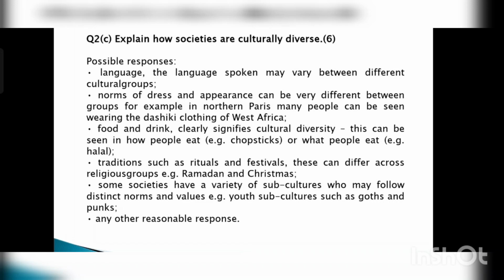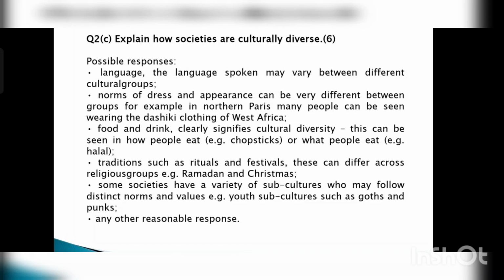Okay? Whereas if you see the Eastern tradition, the girls are expected to wear shalwar kameez and dupatta, whereas if you see the burger type families, children of those families, it's normal for them to wear fitted jeans or sleeveless shirts. So different groups have different senses of dressing and appearance. Food and drink clearly signifies cultural diversity.